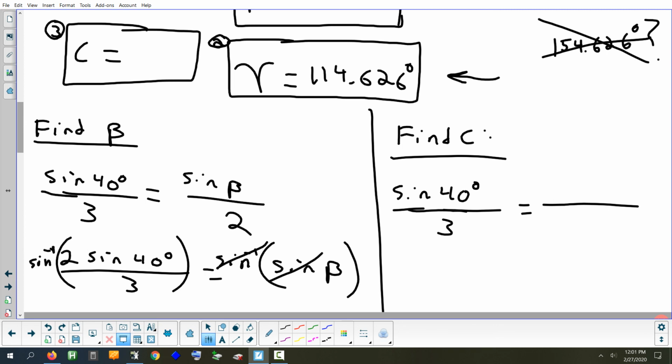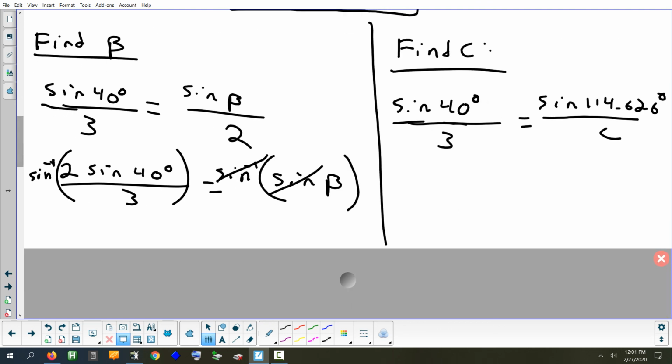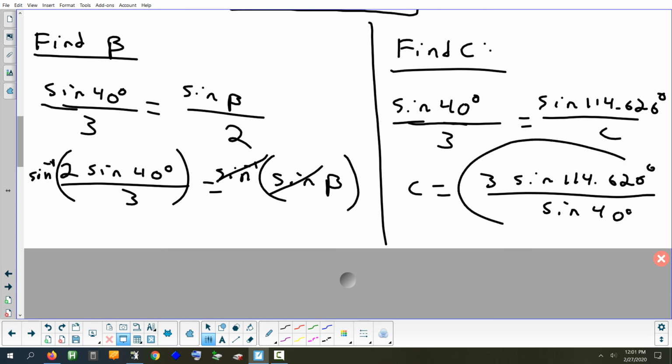Sine 114.626 over C. Okay. Cross multiply, and there's your answer for C. Just type that in and see what you get.